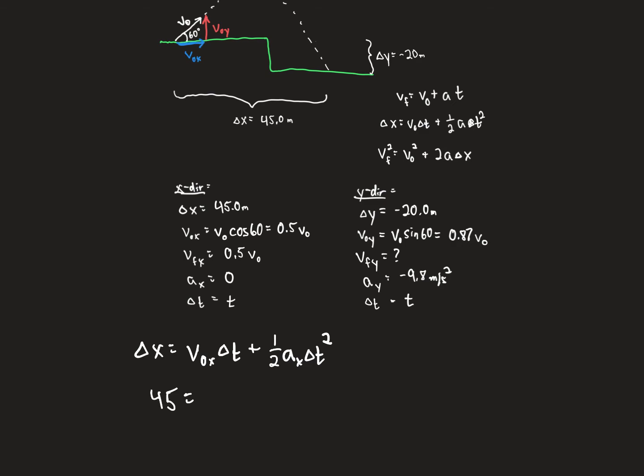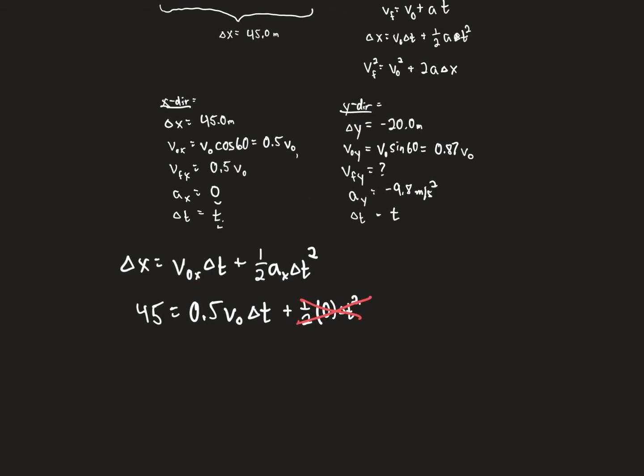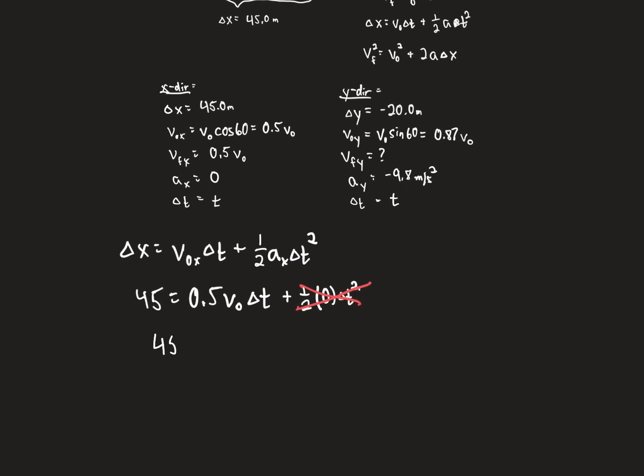V naught x, what can I plug in for that? 0.5 times V naught times change in time plus 1/2 times ax. What's ax? 0 times change in t squared. So what happens to that second part of the equation? That goes away because you're multiplying it by 0. So now I know that 45 equals 0.5 times V naught times change in t.